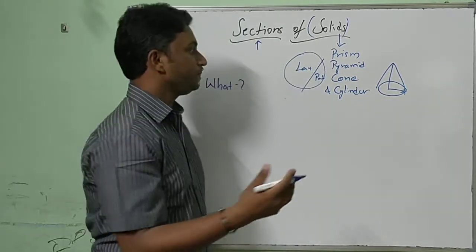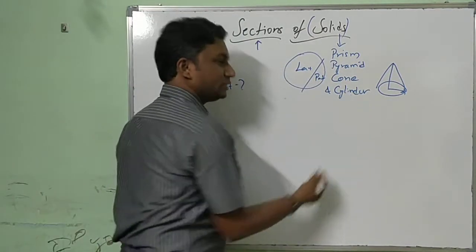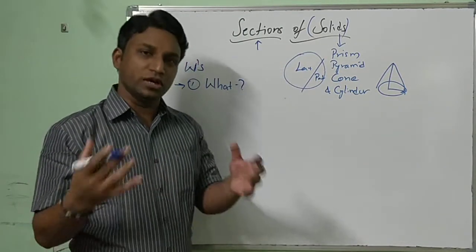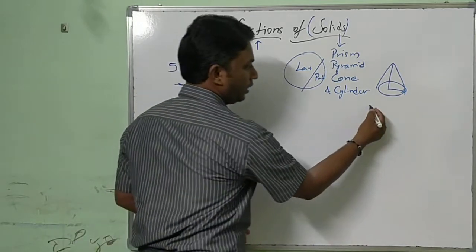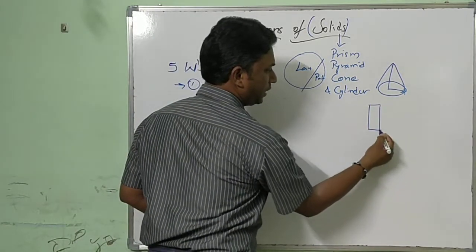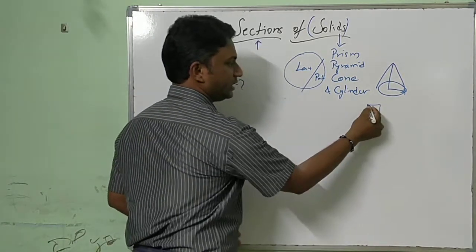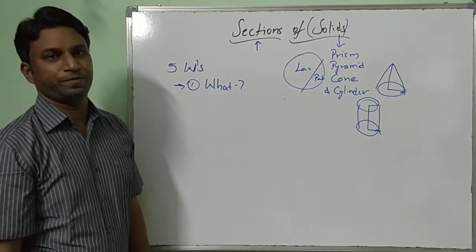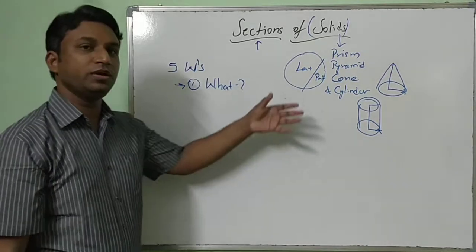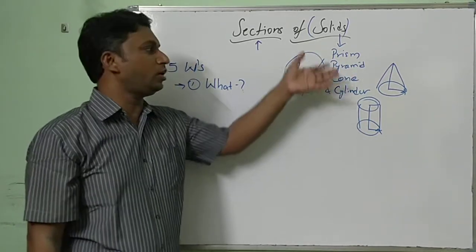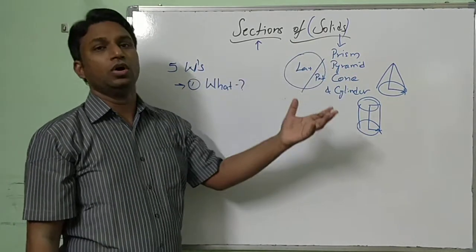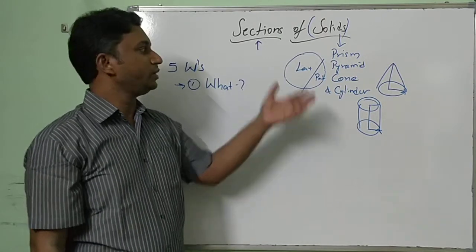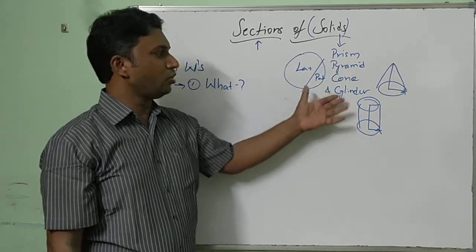Now one more, cylinder. Cylinder is also a solid of revolution where a rectangular plane is rotated through 360 degrees to form a cylinder. I am just recalling the objects we are supposed to discuss in this unit: prism, pyramid, cone and cylinder.